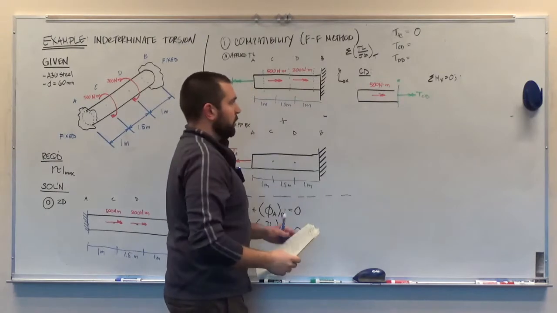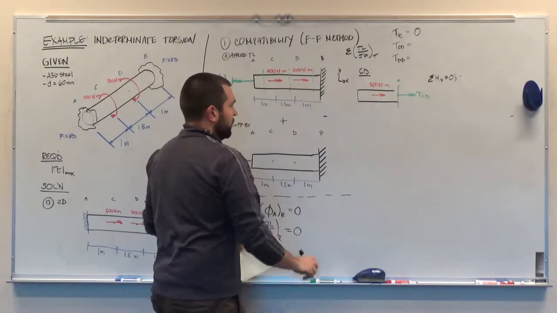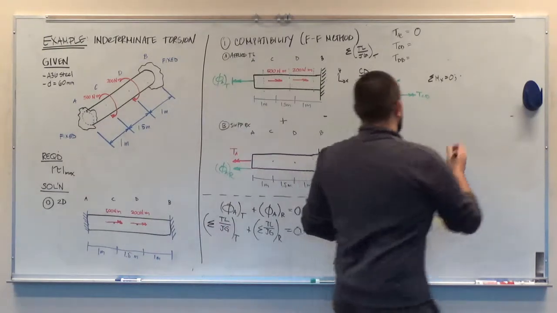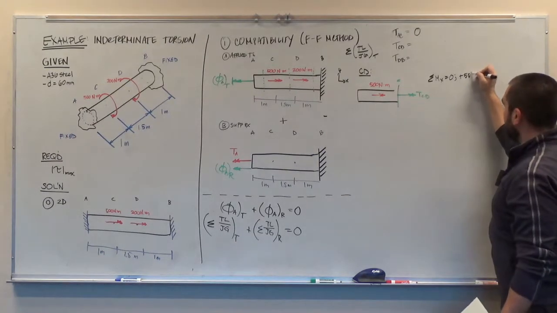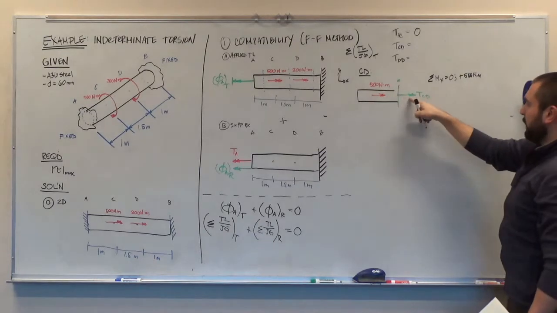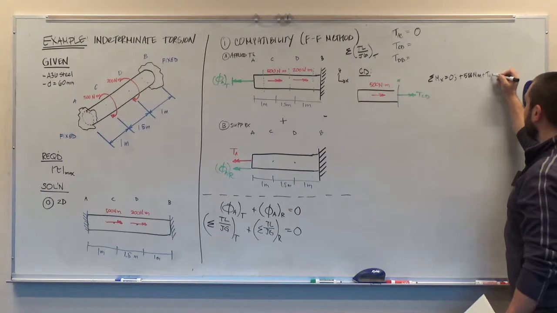And now all that we need to do is we have our coordinate system, and we're going to run our equilibrium equation to solve for the internal torque T sub CD. So if I sum that, I'm going to get positive 500 Newton meters. That's only because this is pointed to the right. Torque CD is also pointed to the right, so that's going to be positive as well.